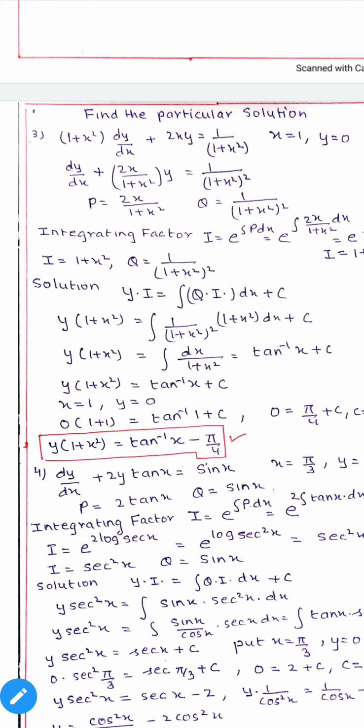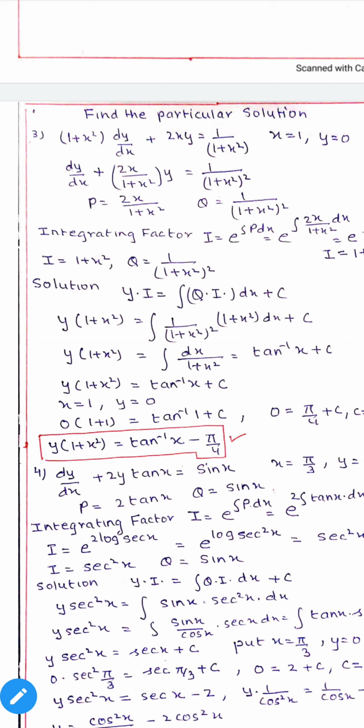On cancellation we get 1 upon 1 plus x square. So y into 1 plus x square is equal to integral dx upon 1 plus x square, that is tan inverse x plus c.